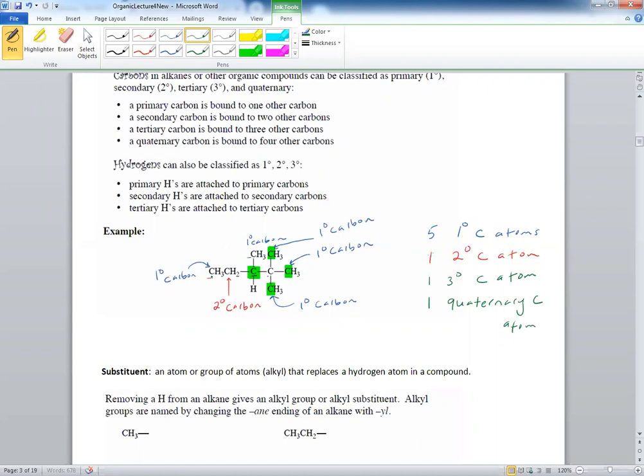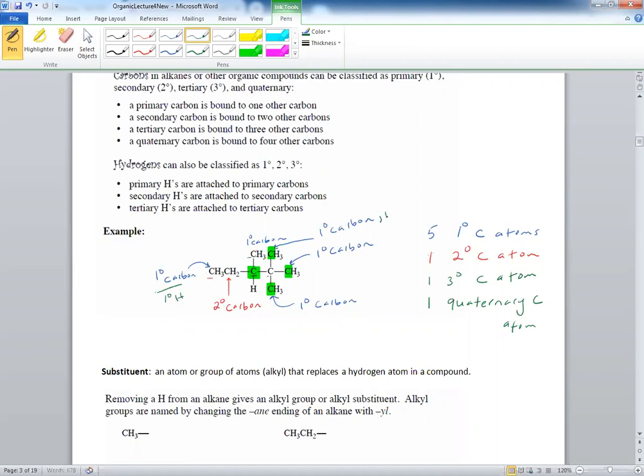If you notice here, like this one, it has 3 hydrogens attached to it. So again, look for the carbon atoms that are primary, and the hydrogens attached to them are going to be the primary hydrogens. It's as simple as that.